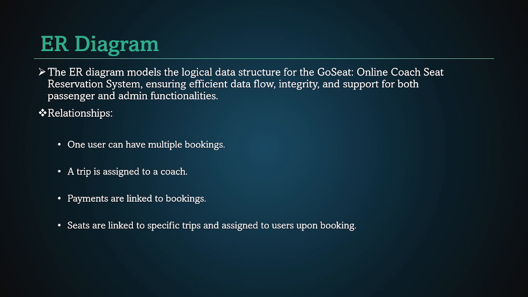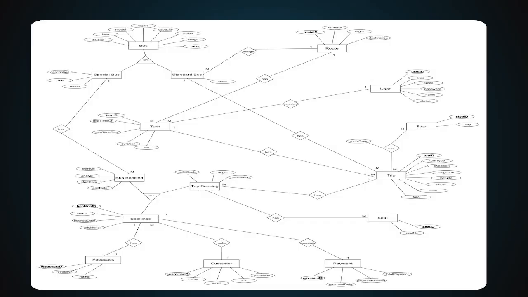Like, I give some small examples. One user can have multiple bookings. A trip is assigned to a coach. Payments are linked to booking. Seats are linked to specific trips and assigned to the user upon booking. So you can see this is my diagram. I explained it in detail in my project work.